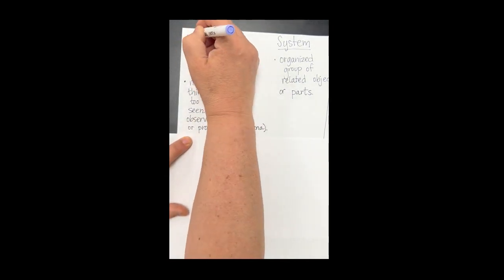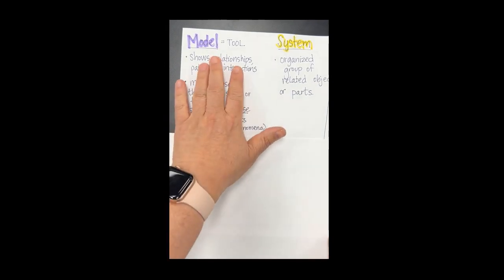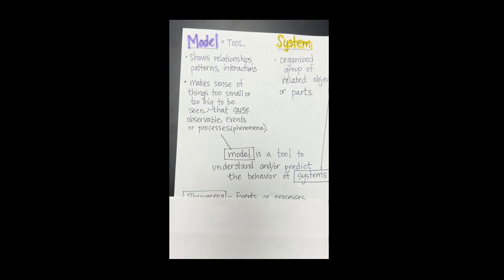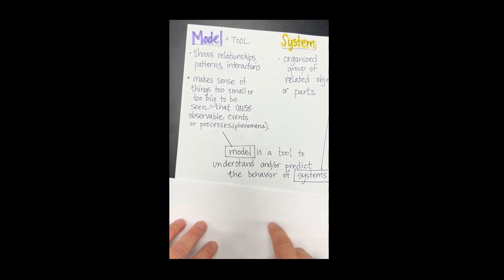We have our model, and we have a system, and the model and the system are going to work together. So you can think of the model, remember, as a tool that helps us understand or predict behavior of systems.